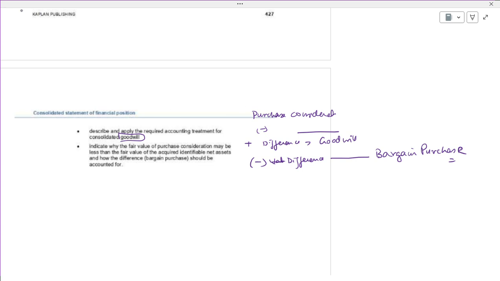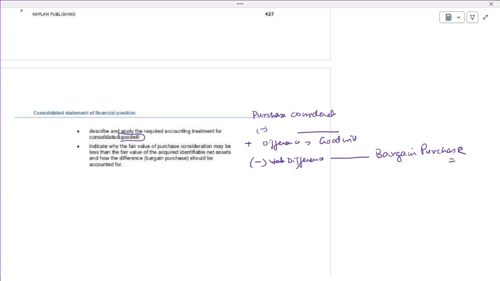Usually they will not give a bargain purchase. But if they are giving it, it means they are testing. It's a difficult paper. Usually they will not give it as such.